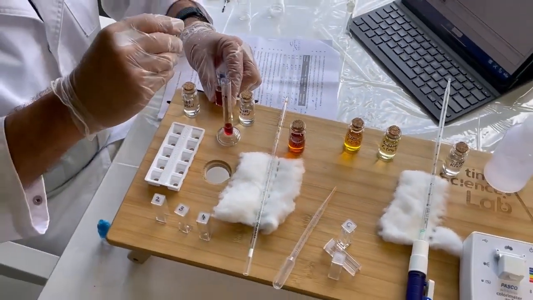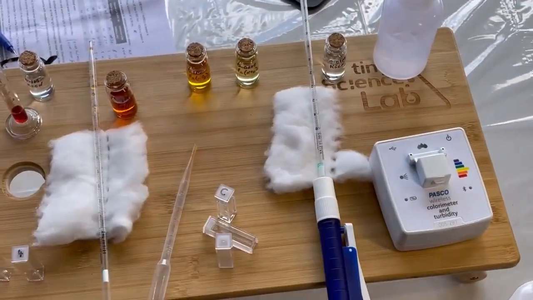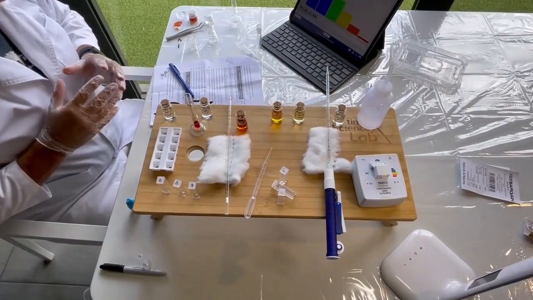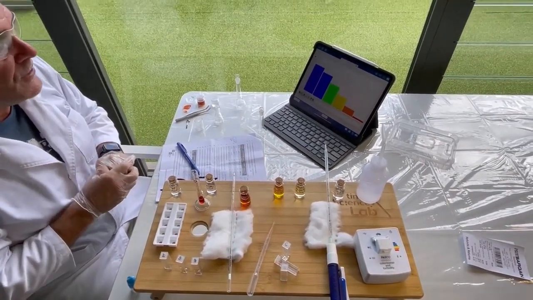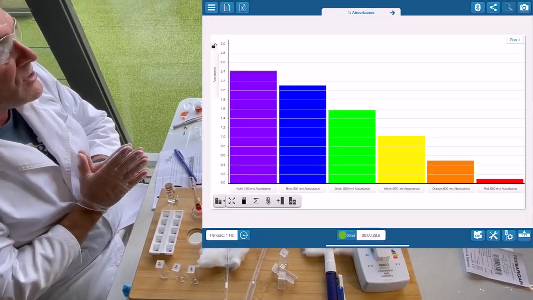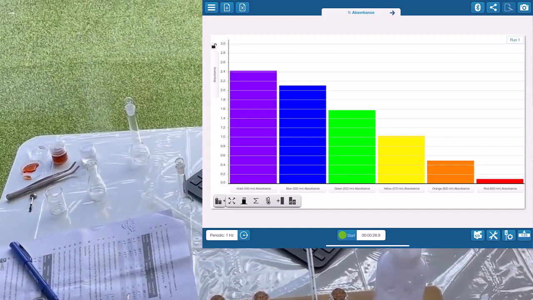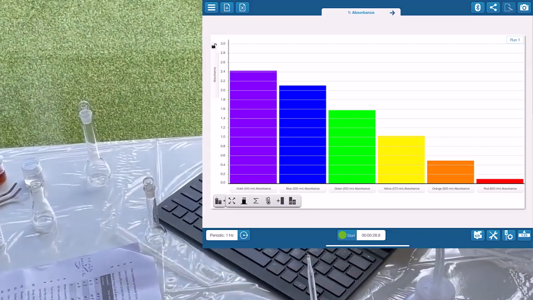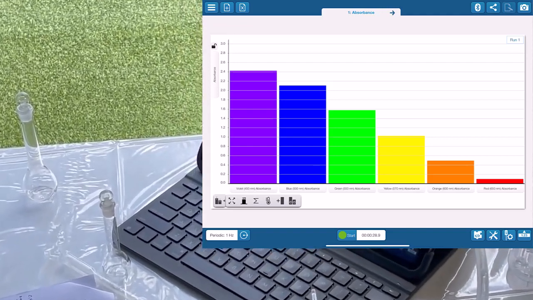Let's pop the lid on the cuvette, and now let's see what we get. And there's a beautiful look at the absorbance in each of the different wavelengths of light. So you can see not much of the red's absorbed, large amount of the violet and the blue have absorbed. So we've got some nice values there, and we're just going to repeat that for each of the 4 solutions.